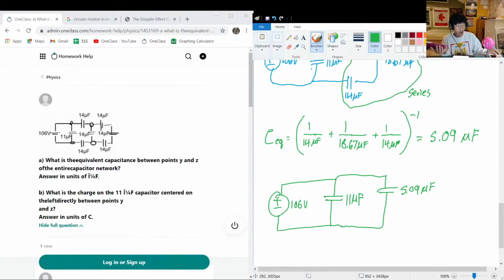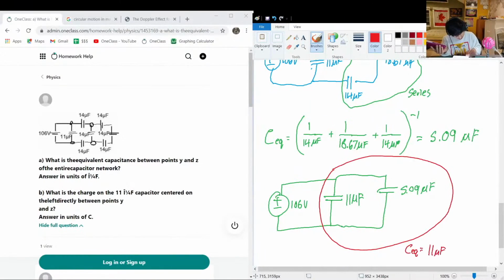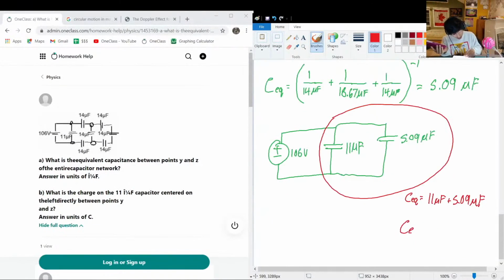And as we can see, well, the CEQ of this one, let's put that in red, is really just going to be 11 microfarads plus 5.09 microfarads, which is just CEQ of the whole circuit is just 16.09 microfarads.